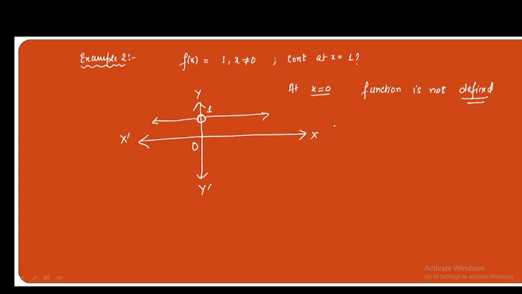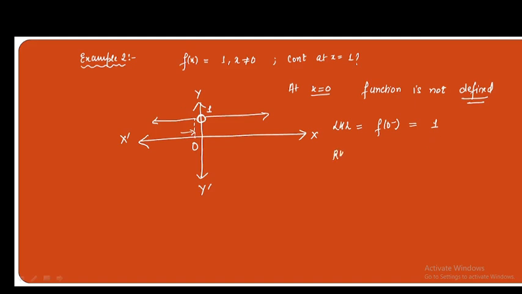Now we will take LHL, which is f of 0 minus. You are approaching 0 from the left hand side, and the value will be 1, right? If you take any point which is very very close to 0 and to the left of 0, then the value of the function f(x) will be 1 only.